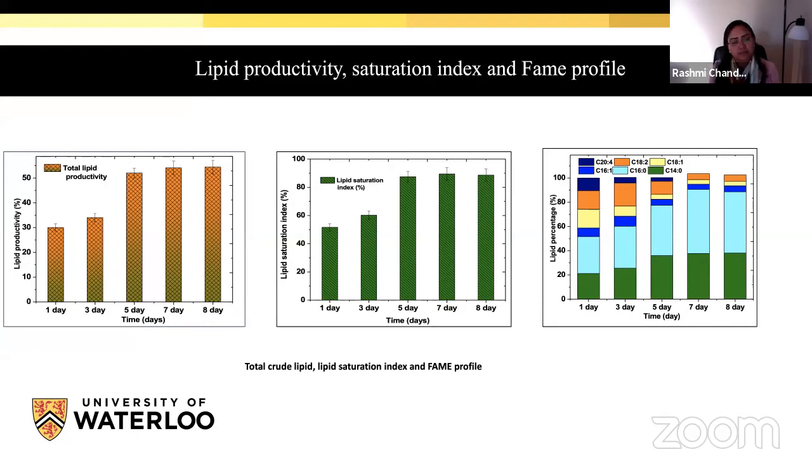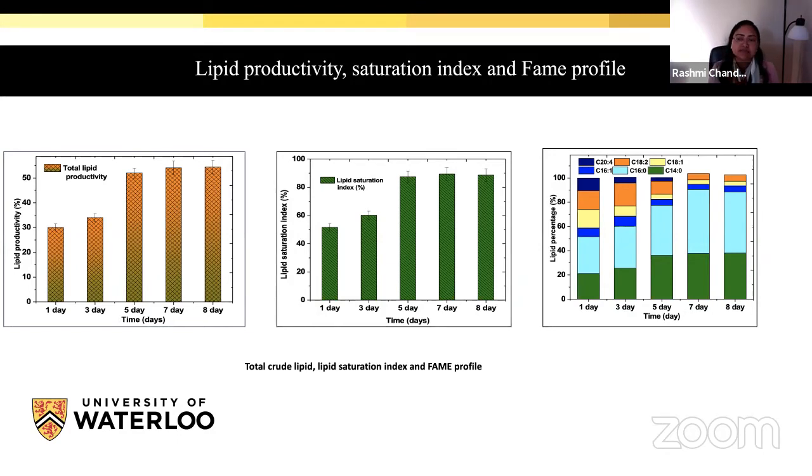But if it's 80%, it means all the lipid we extracted, we can use for biodiesel. And one more interesting thing came up when we did the lipid profiling. If you do the lipid profiling of today's diesel, what kind of carbon chains are present, they mostly contain C16 and C14.